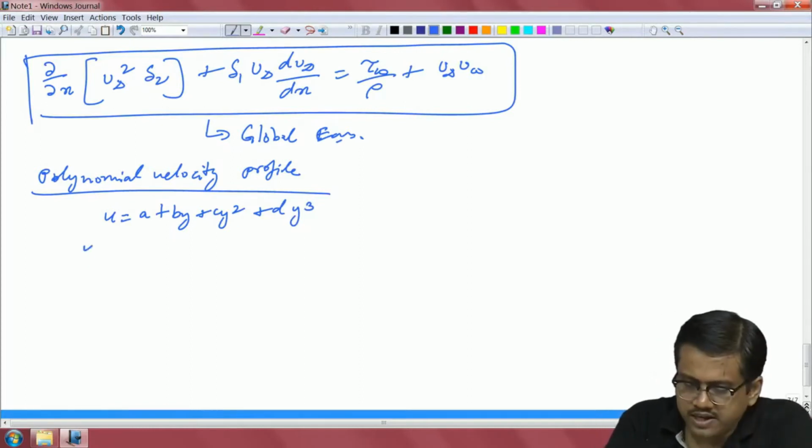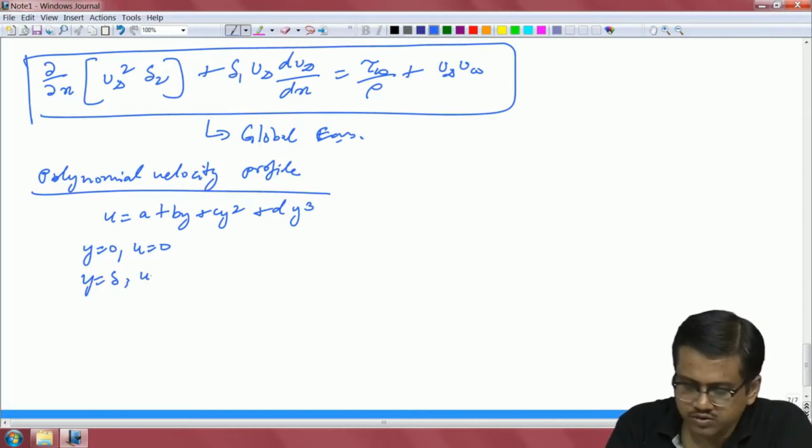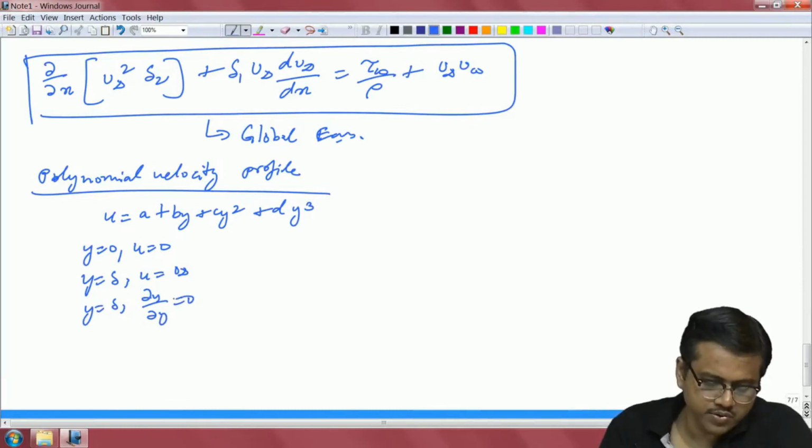Okay. So, u is equal to 0 at y equal to 0, and at y equal to delta, u is equal to u infinity, and at y equal to delta, du by dy is equal to 0. These things we already know.